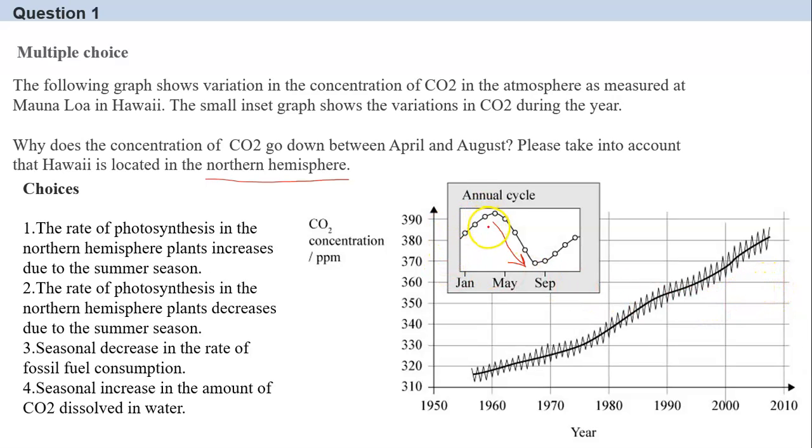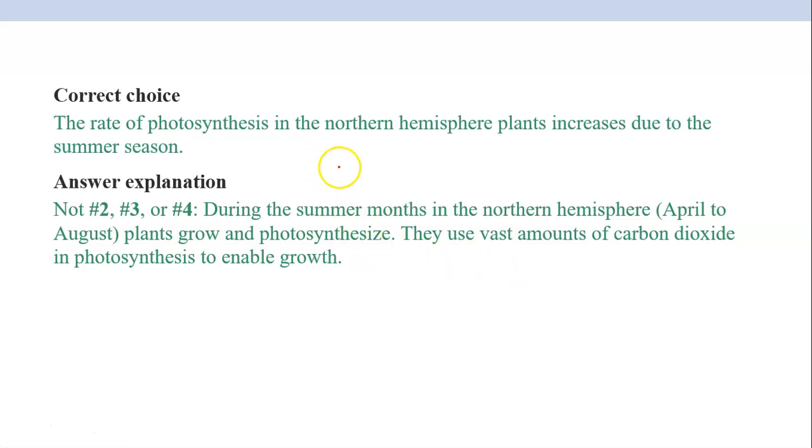But there is a decreased level of carbon dioxide during the summer, right? This is also summer. So the rate of photosynthesis in northern hemisphere plants increases due to the summer season. Because the summer season means that photosynthesis increases, and then they use the carbon dioxide. So that's why the level of carbon dioxide goes down. Hope you have answered correctly.